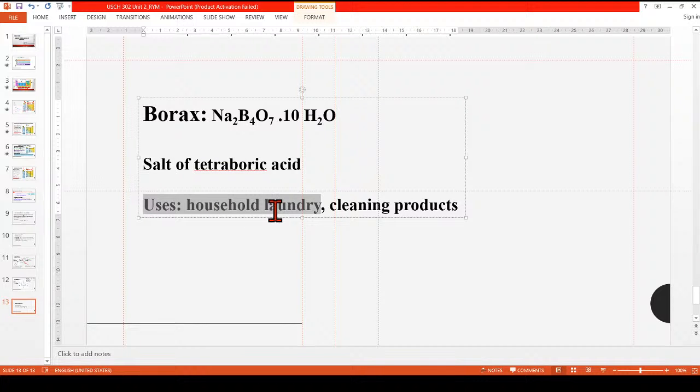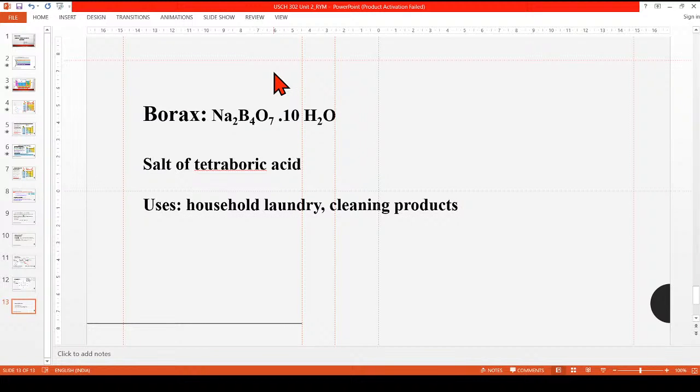Borax is used as a cleaning reagent in many cleaning products, in household laundry. So just remember the formula of borax, it is sodium salt of tetraboric acid, and its uses.